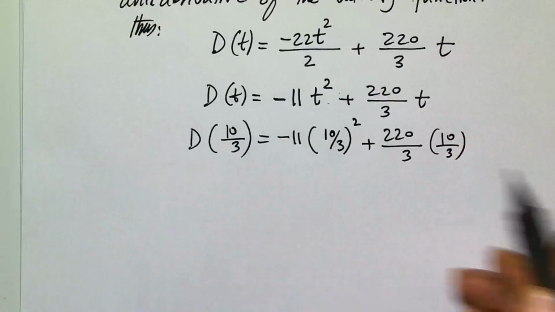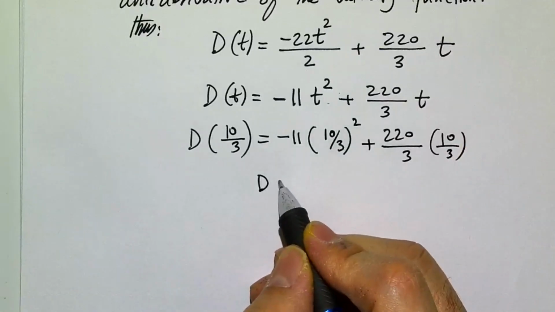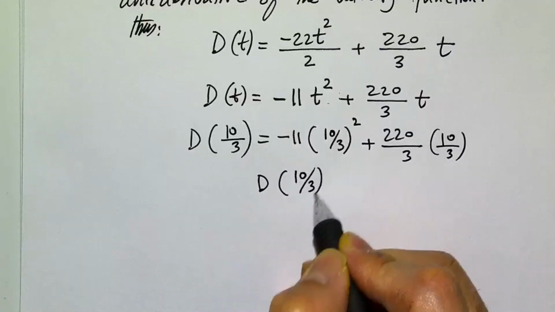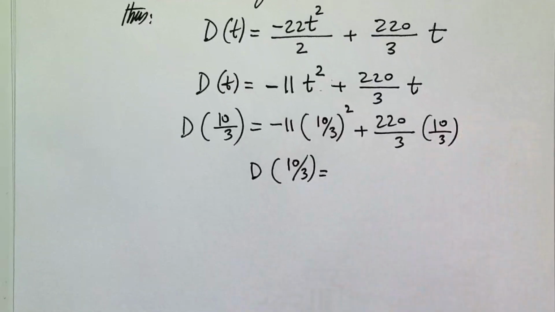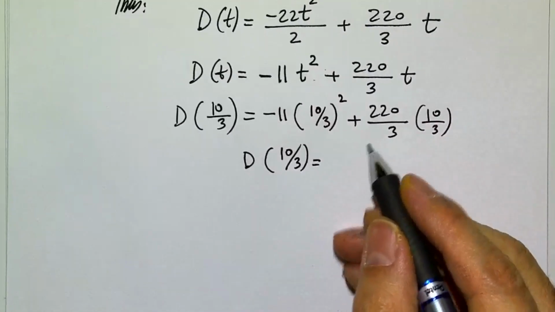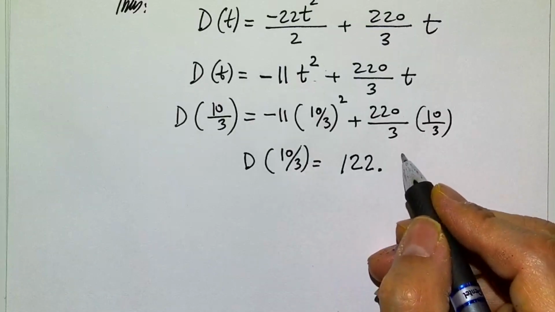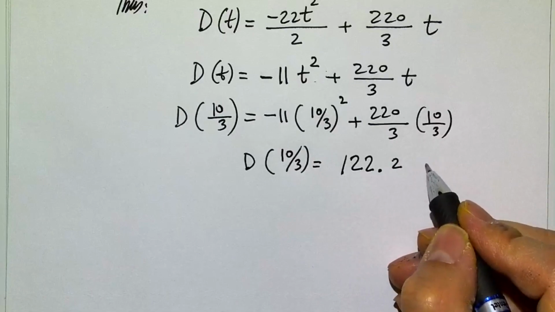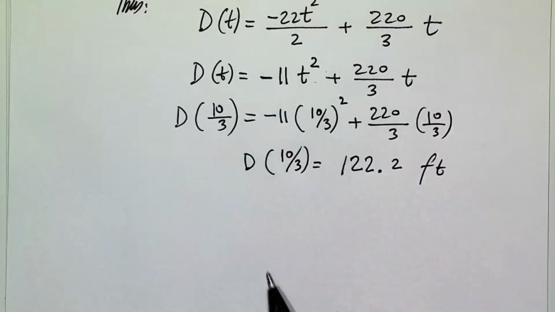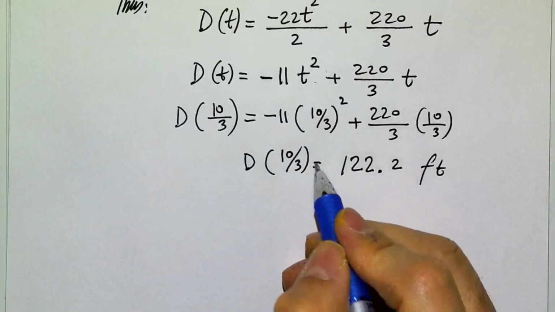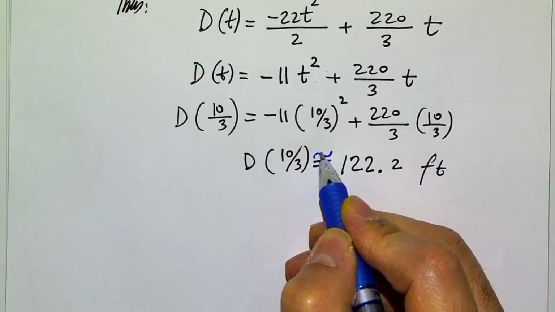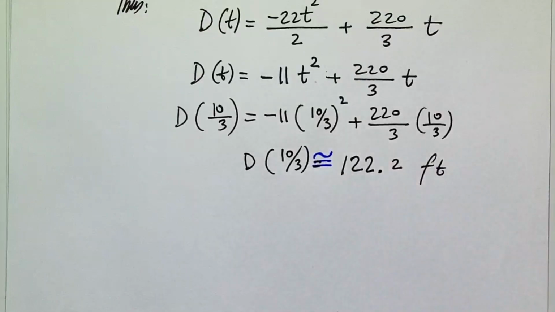If you do all this calculation and convert everything to decimal form, you should get roughly 122.2 feet. So it took approximately 122.2 feet for the car to travel before it came to a full stop.